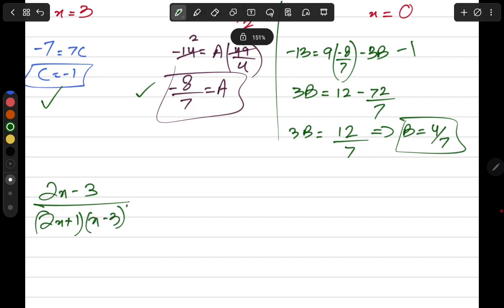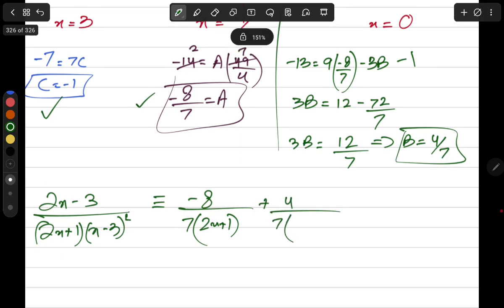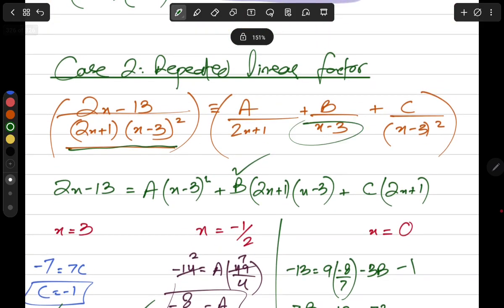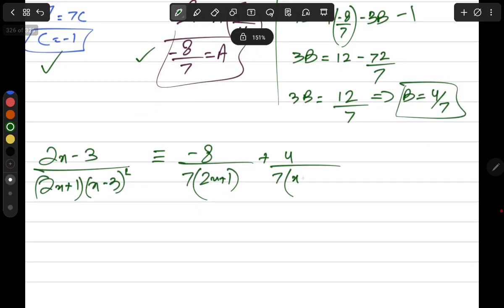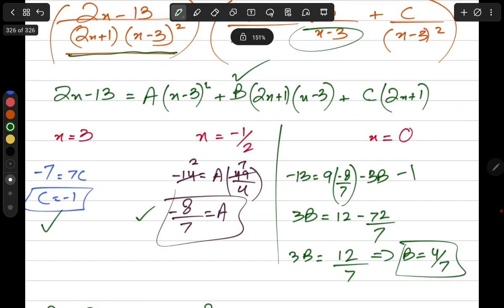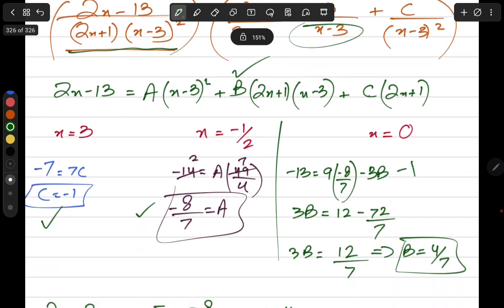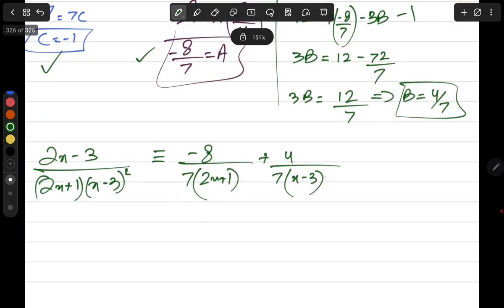And now we can rewrite this entire expression of 2x minus 3 upon 2x plus 1 times x minus 3 whole square as a. So a was negative 8 over 7 times 2x plus 1 plus b. b is 4 upon 7 plus b upon 7, and we had put x minus 3 here, so we'll make sure that we do the same because we used this structure in order to obtain values. So now under b we cannot really write x minus 3 whole square.